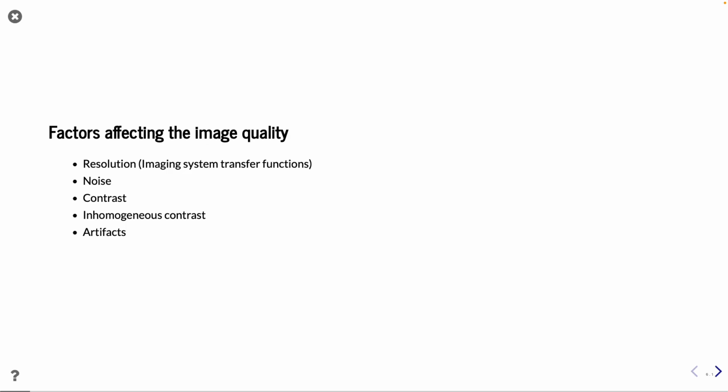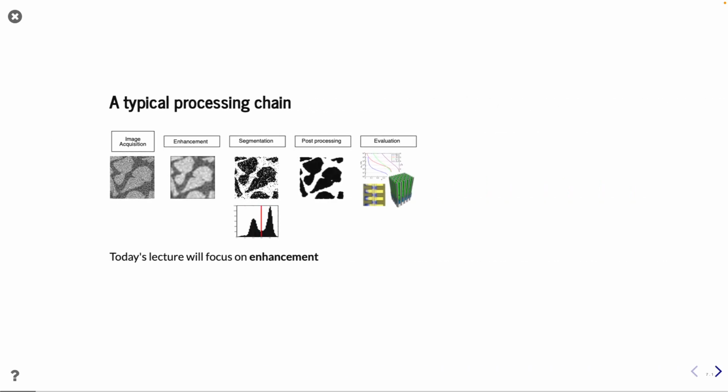Then inhomogeneous contrast or background, that in different places the contrast is better than in other places, that's also kind of a measurement artifact. And then, of course, we have the different artifacts, which can be outliers of different kinds that produce different kinds of effects in the image.